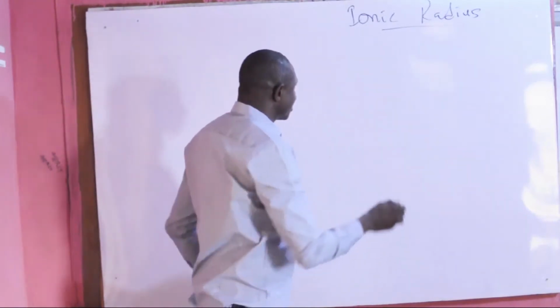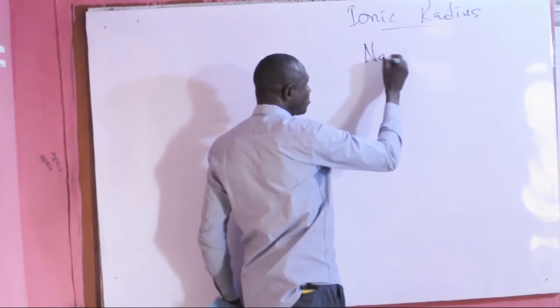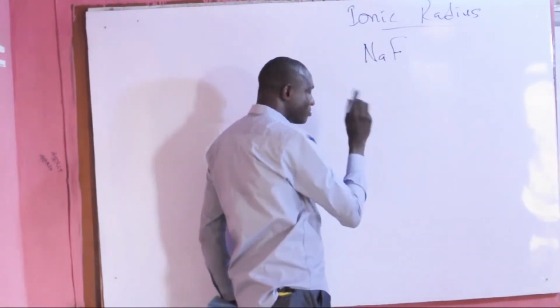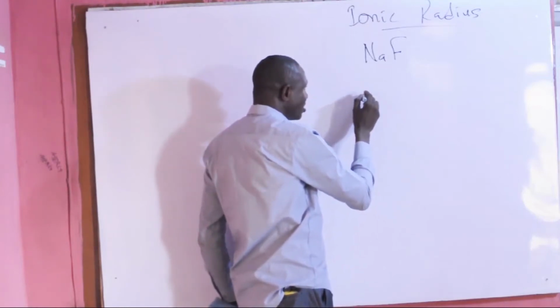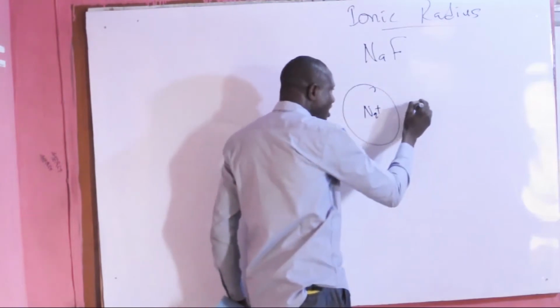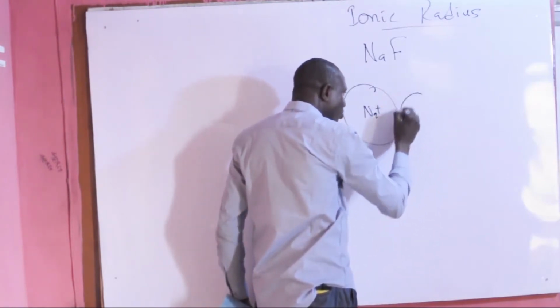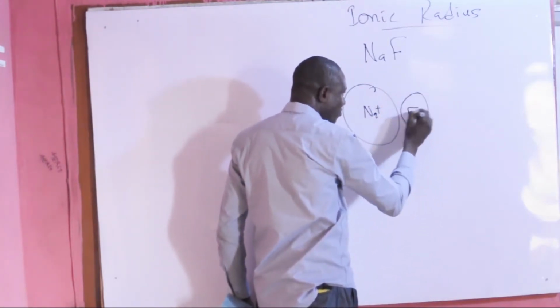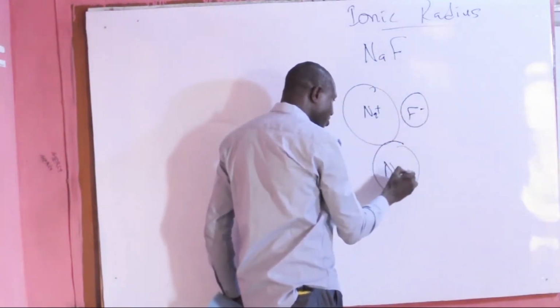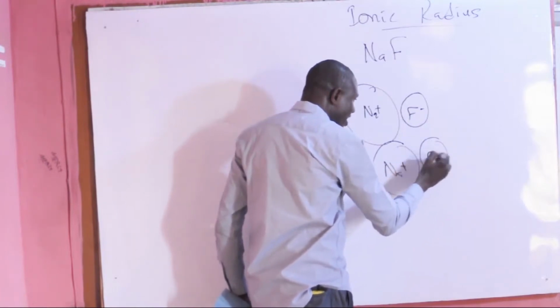Take for instance, if you have sodium fluoride, if you write the structure of this as a demonstration, assuming this is a sodium ion which loses an electron to a fluorine atom to form a fluoride ion, and this is another sodium ion where we have another fluoride ion.